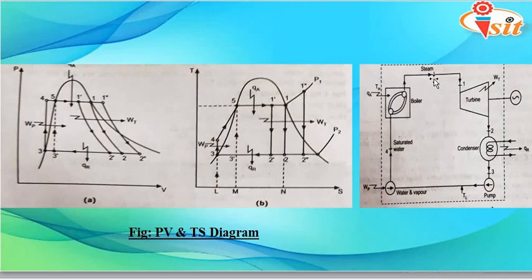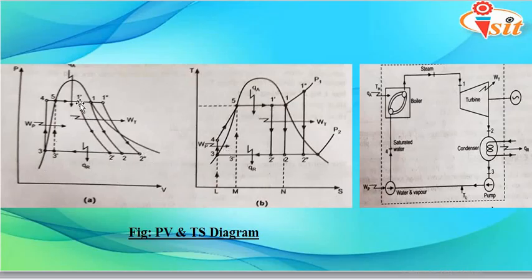If we consider process 1 to 2, which is the turbine process, here we have an isentropic expansion process. The expansion of steam takes place in the turbine, and as a result the pressure drops sharply from P1 to P2, and this can be seen in the PV diagram as well.